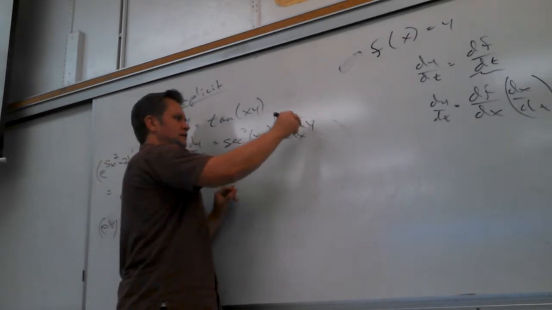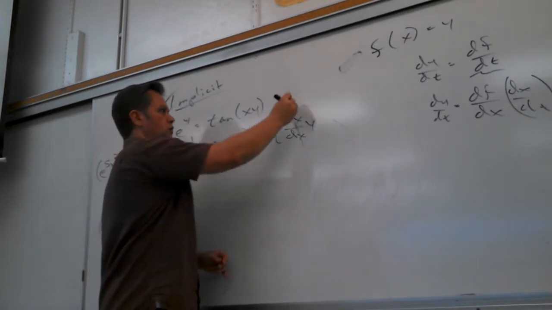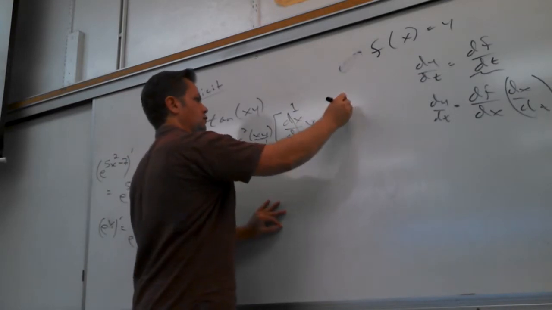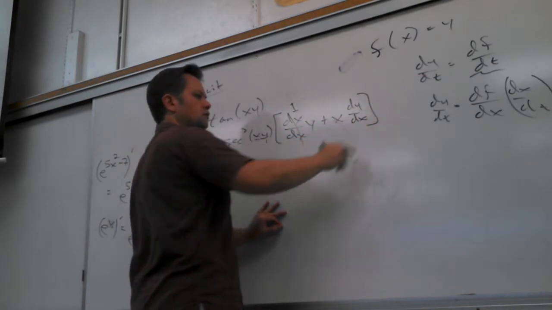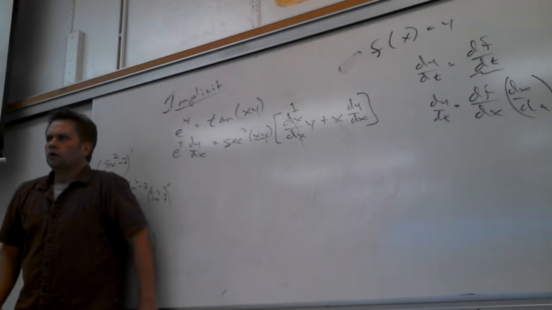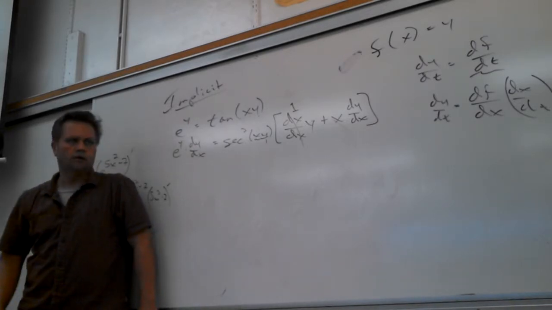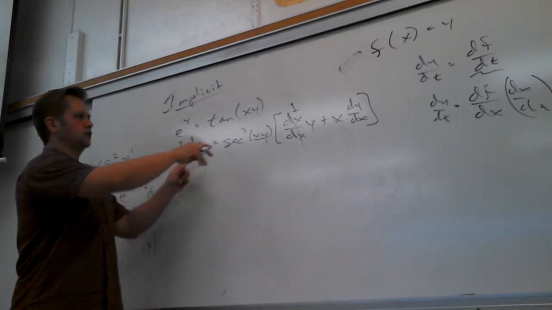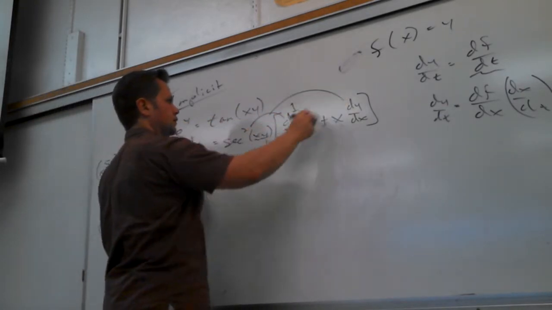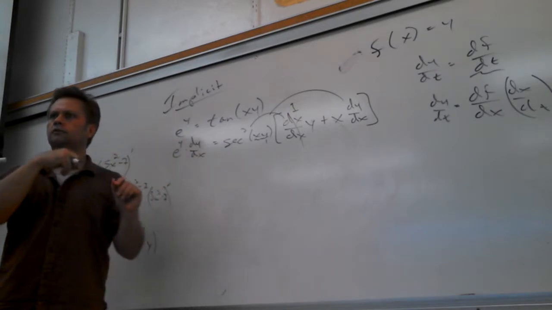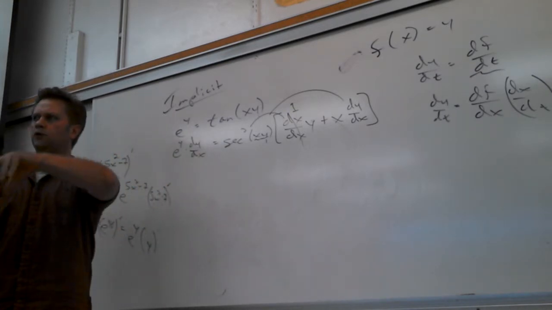But dx is just 1, right? It's just 1. But then I got plus x dy dx. Is dy dx 1? No. And now you would distribute this, get your dy dx stuff on one side. Is that cool? Now it's algebra after this.